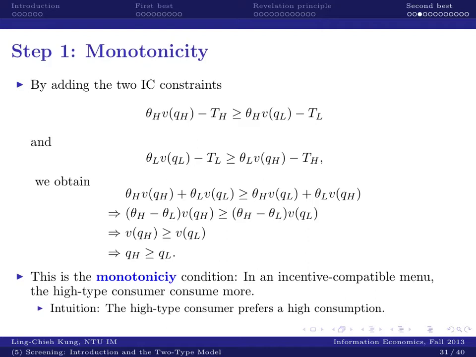If you go back to check their utility function, because theta H is high, for each unit of consumption the consumer gets more. So high type consumers prefer a high consumption, and that's why QH must be greater than or equal to QL.